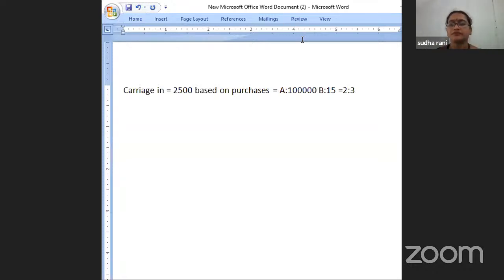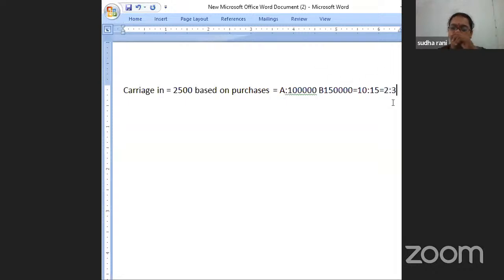A is 1 lakh and department B is 1,50,000. I removed the equal number of zeros and got 10:15, which I simplified to 2:3. So now the carriage inward of 2,500 is to be divided among the A and B departments in 2:3 ratio.